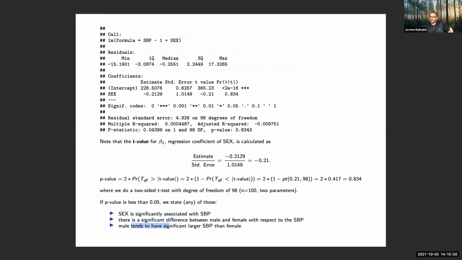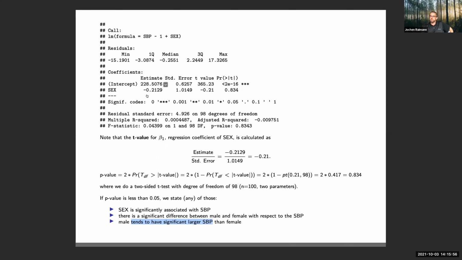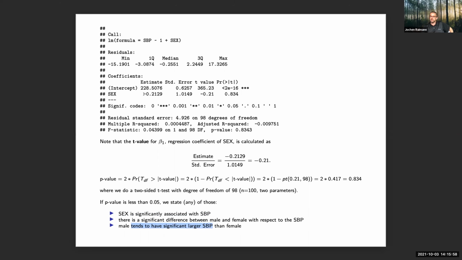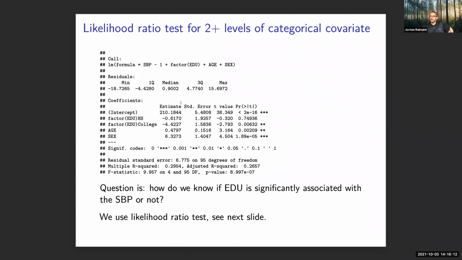And males tend to have significantly larger SPPs than females, which essentially implies that males have been the reference group, because females, which would be x equals 1, would have a smaller SPP. Good. So this was this.